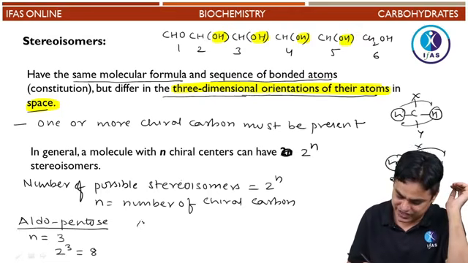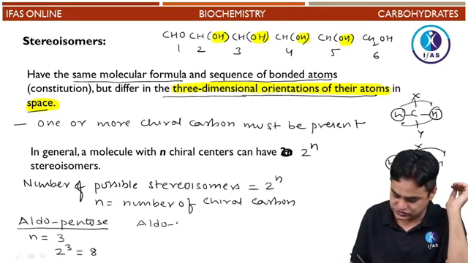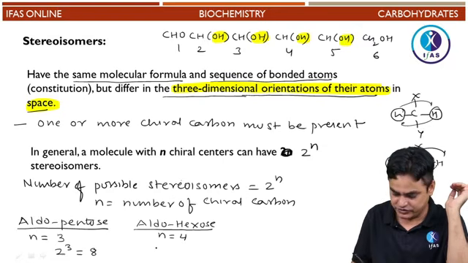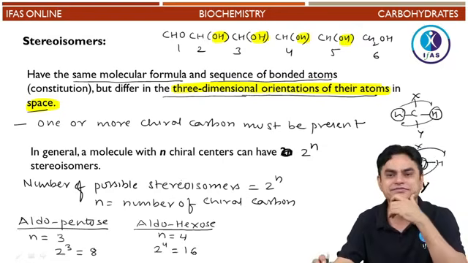Similarly, if someone asks you about the stereoisomers of an aldohexose like glucose, here the number of chiral carbons is 4. So 2 raised to power 4, a total of 16 stereoisomers is possible.